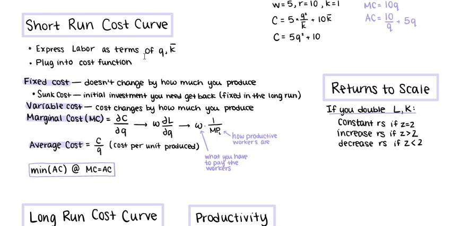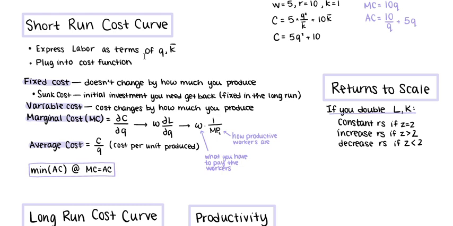So the conclusion is that marginal cost is the inverse of the marginal product of labor times the wages. Wages is what you have to pay the workers, and 1 over the marginal product of labor is how productive workers are. Okay, so that's marginal cost.